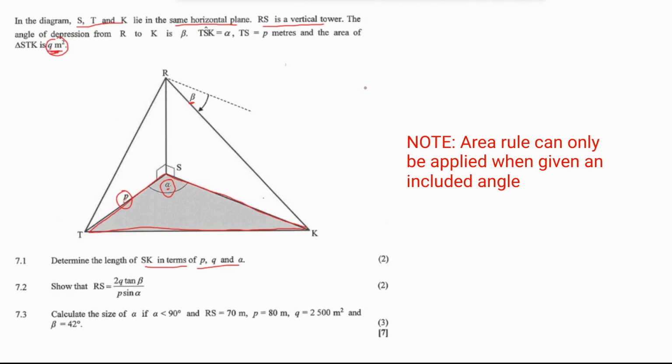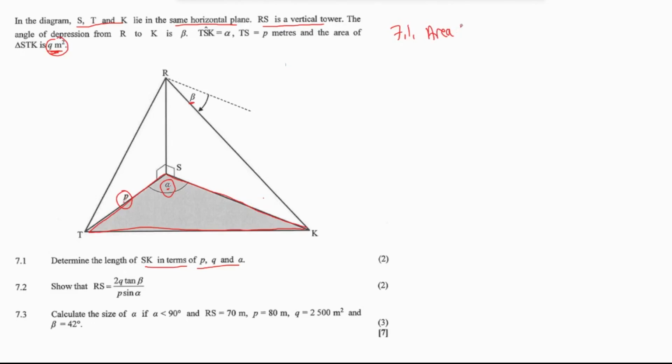Okay? So now, using the area rule, area of triangle STK is equal to half times the side, which is P, times another side, which is SK, times sine alpha. Area of triangle STK is Q, so Q is equal to 1 over 2 times P times SK times sine alpha.